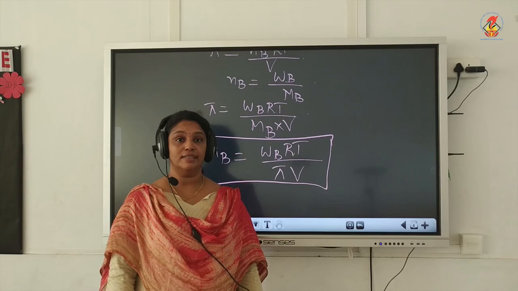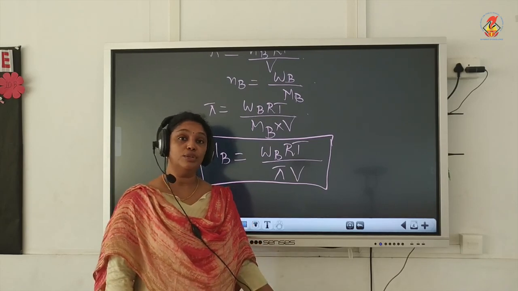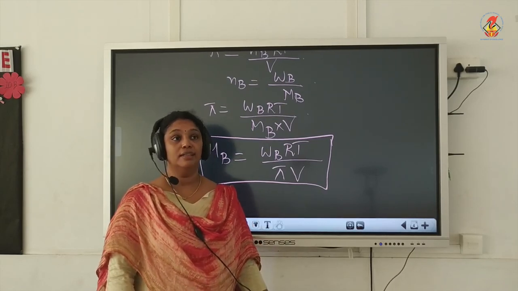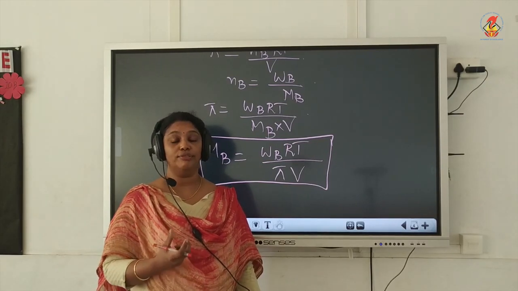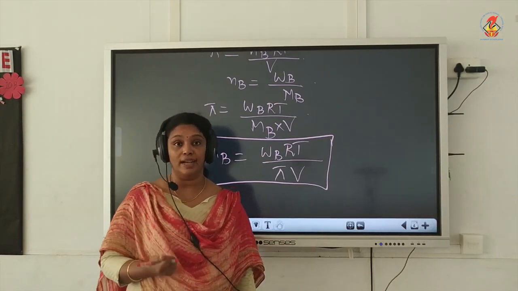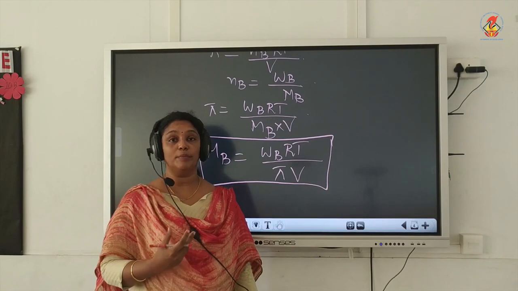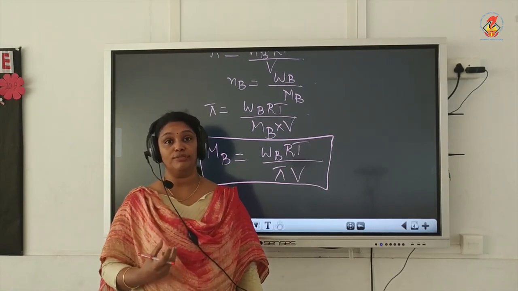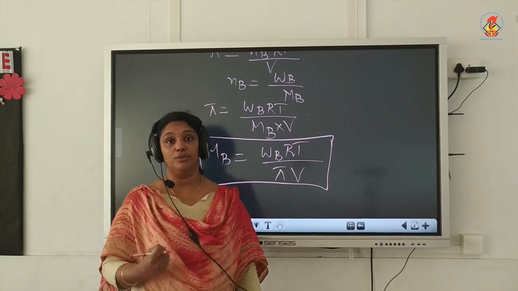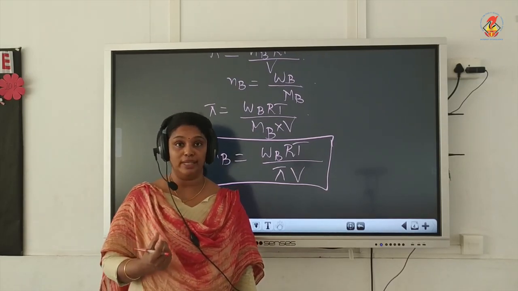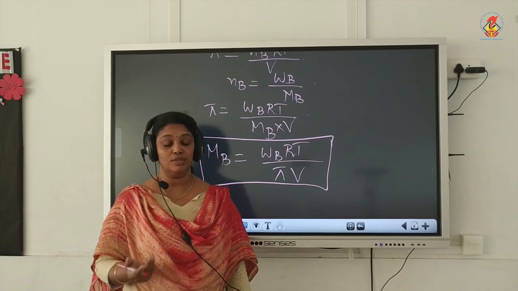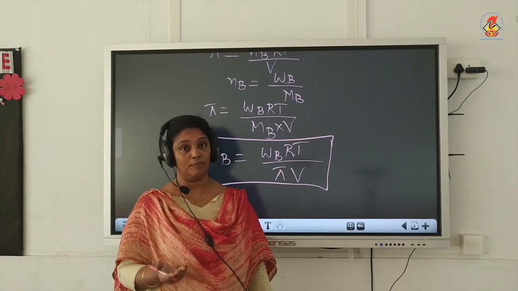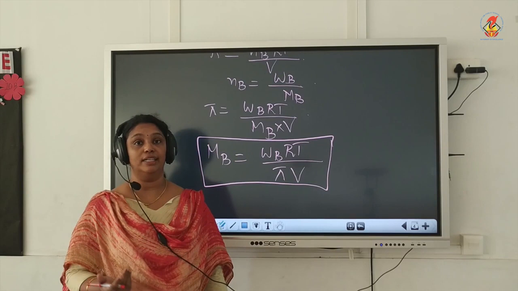And the third is that even for dilute solutions, the magnitude of osmotic pressure value is very high, which means osmotic pressure can be used to find the molecular mass of even larger molecules such as biomolecules like proteins and also polymers.